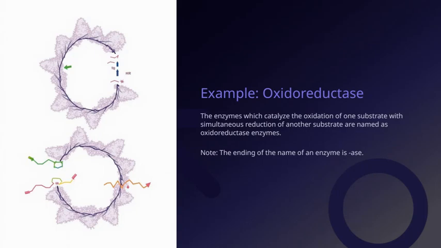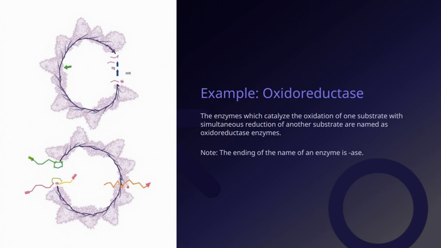Let's take a closer look at enzyme naming conventions. Note that the ending of an enzyme's name is typically -ase. Now, focusing on oxidoreductases, these are special enzymes that catalyze oxidation-reduction reactions. Essentially, they facilitate the transfer of electrons by oxidizing one substrate while simultaneously reducing another. This dual action is what makes them unique.